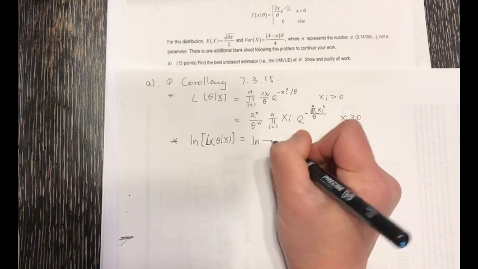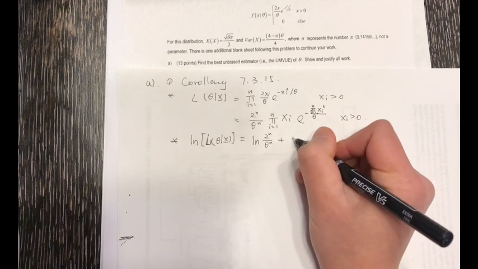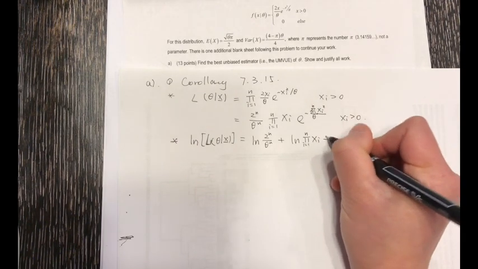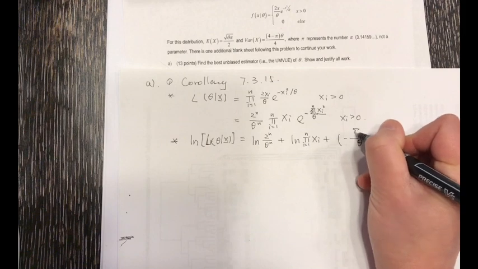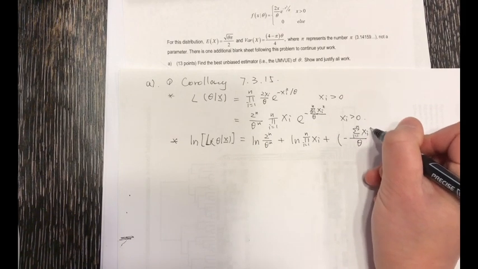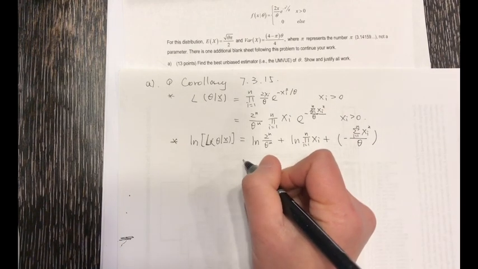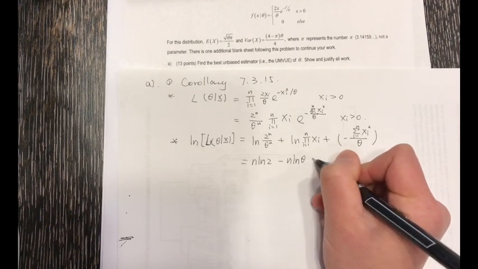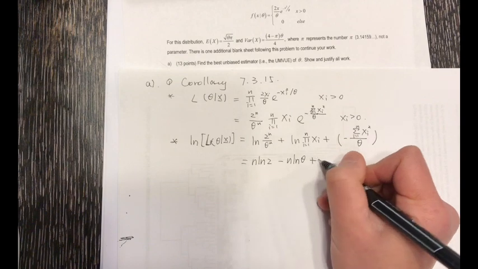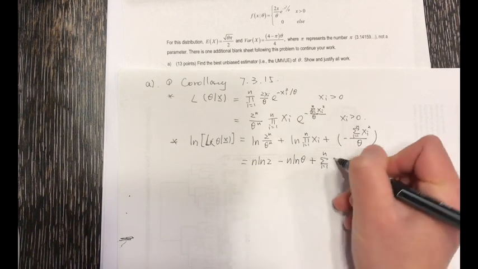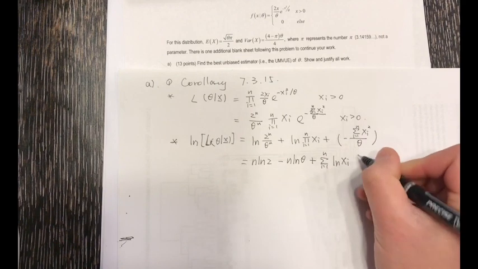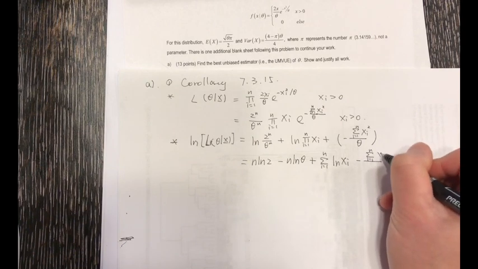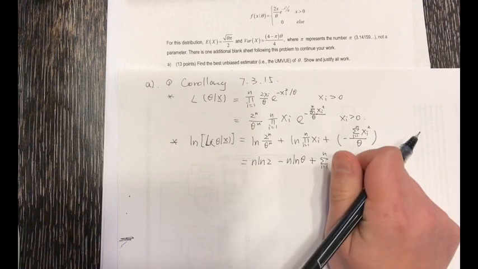Then we will have n times ln 2 minus n times ln theta plus the sum of ln xi minus the sum of xi squared divided by theta.